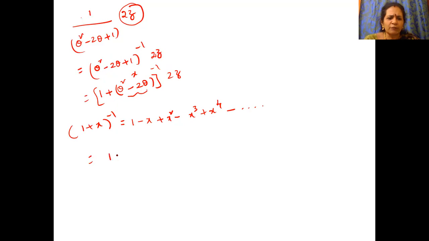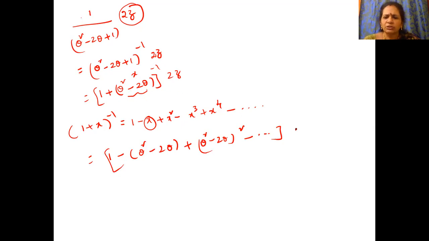What we'll get: first, 1 minus x. So x is D square minus 2D. Then after that plus, what is the next value? x square, so x square means D square minus 2D whole square, minus and so on. This is the formula for the expansion of the whole inverse into 2z.